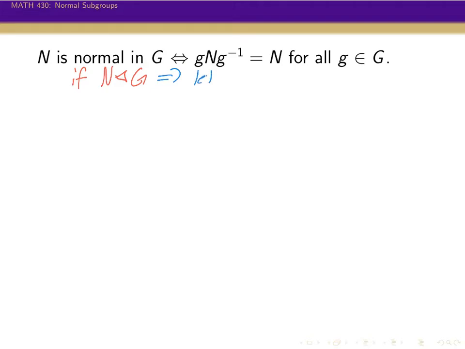Then let g be in G, and so we have that gN is equal to Ng.